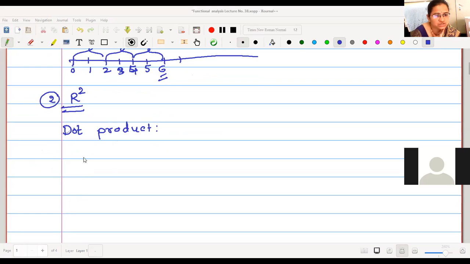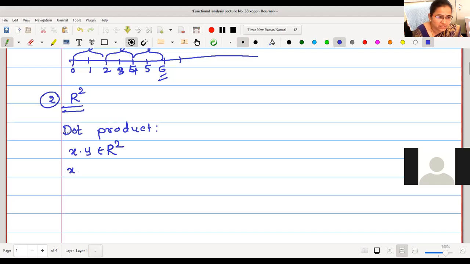Therefore, what this dot product is, we know there are two different definitions of a dot product given to us. What is the first definition? Suppose x and y are two vectors in the R2 space, then x dot y is defined as mod x into mod y into cos of theta. This is one definition.